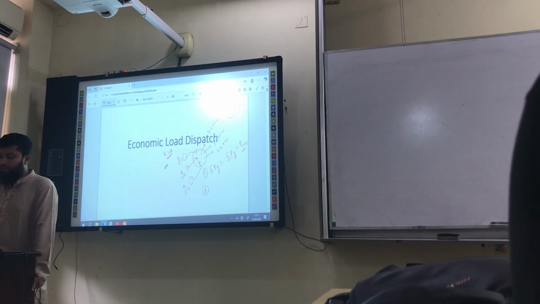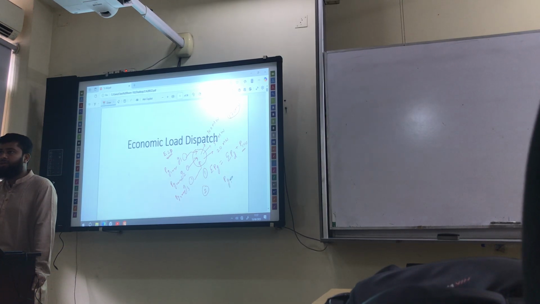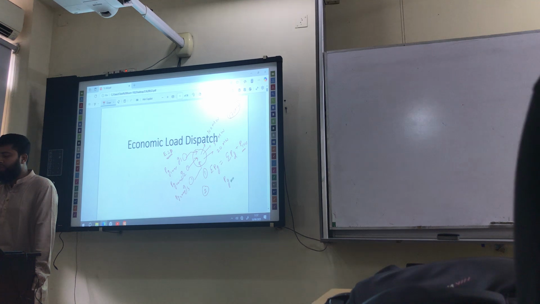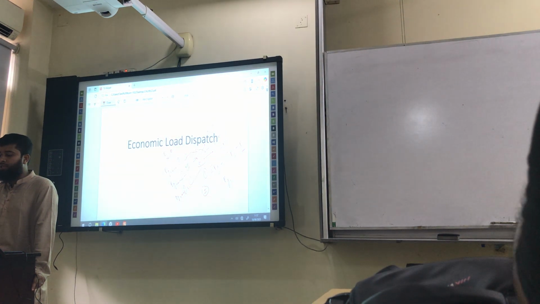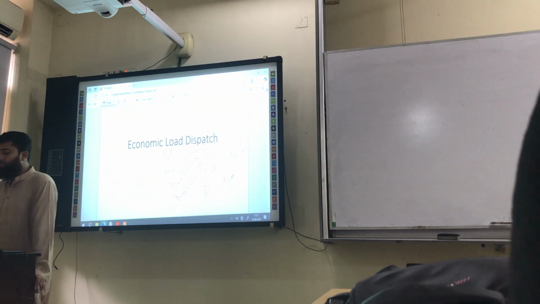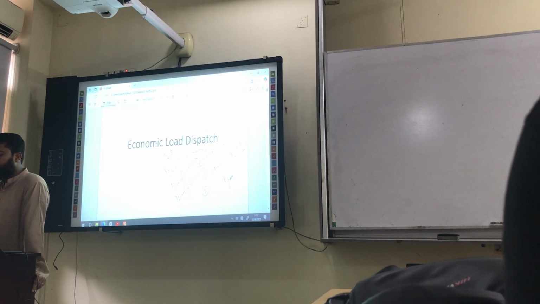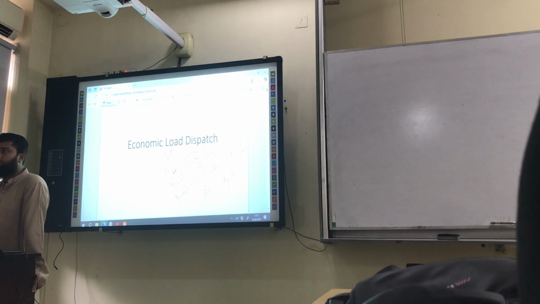So let's say you have PG1 max for generator 1, PG2 max, PG3 max. I am using indexing here, where i can be 1, 2 or 3. The generation from any particular generator should be less than or equal to this maximum limit, so it will be PGi max.